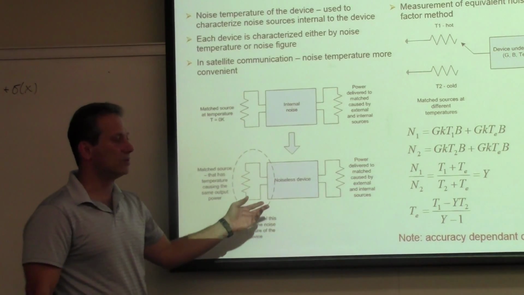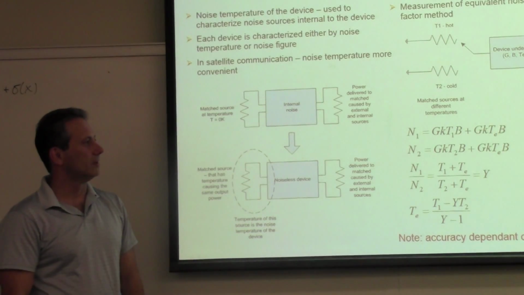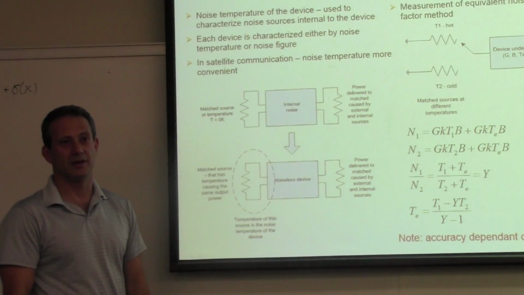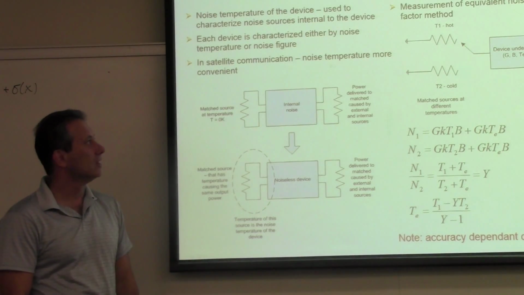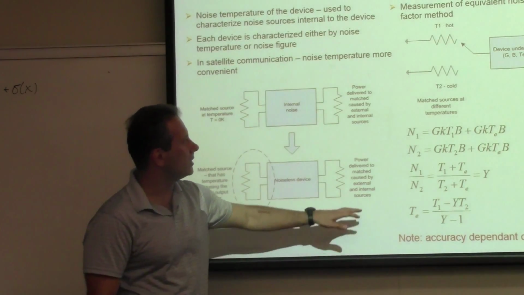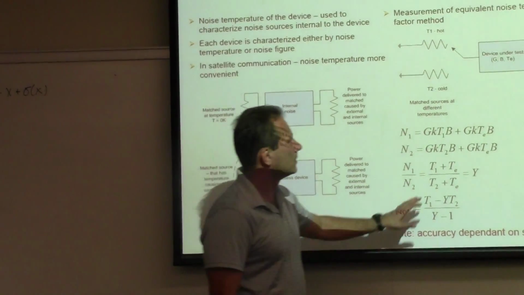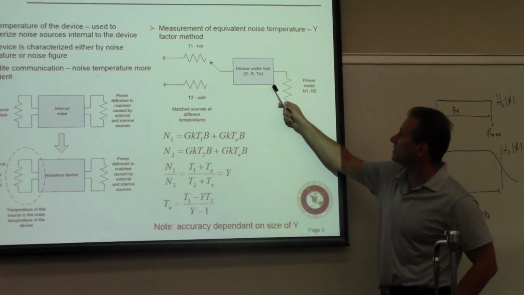Now, when you have these kinds of mathematical definitions, the question is always how you determine the noise temperature of a given device. And there is something called the Y experiment, or Y factor method. Let's say I have a device here under test.